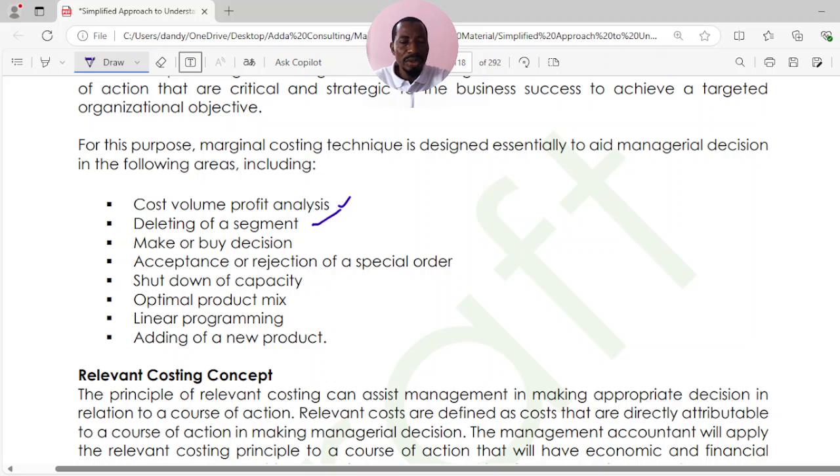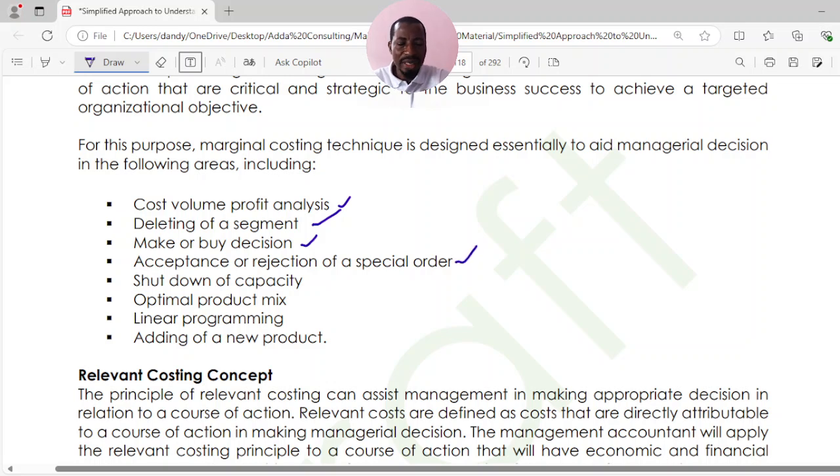Then when a company wants to decide whether to make or buy a particular component or product, you can also use marginal costing. It is also possible when there's a special order, where the company may want to know whether the order should be accepted or rejected. To do this, you need the concept of marginal costing.